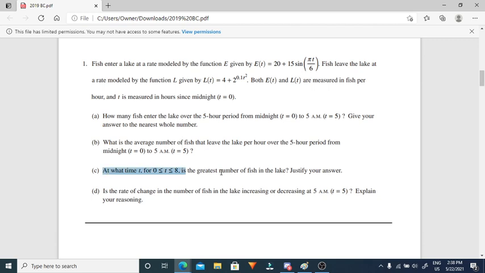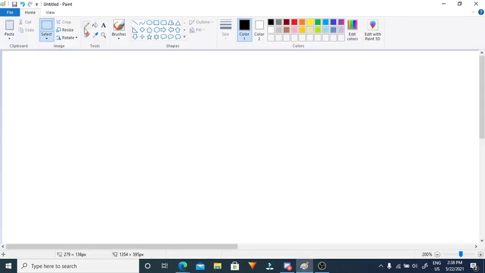Since we know from part C that we had a maximum at t equals 6.2, let's say we have a graph of the rate of change, and it looks something like this, a little curve, and then the maximum point is 6.2.